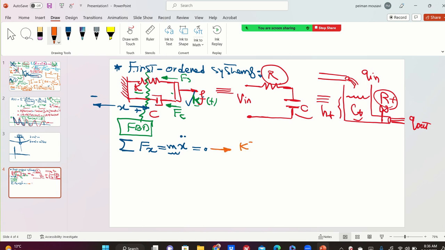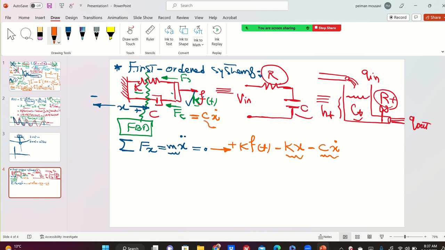So K, F of D, the excitation force, positive, minus the resistance spring force, minus Kx, linear spring, minus Cx dot, linear damper. For those of you who didn't pass vibration yet, the linear damper is Cx dot.